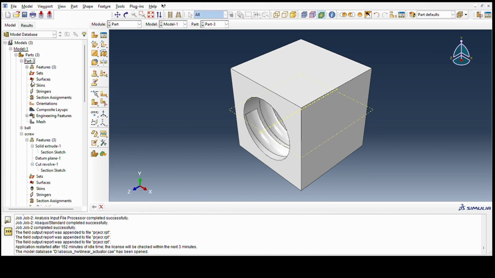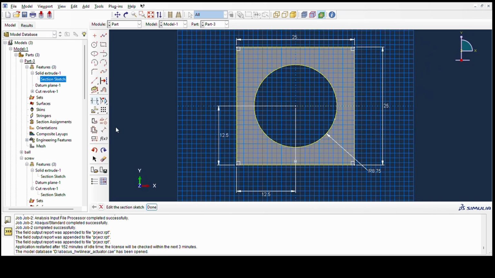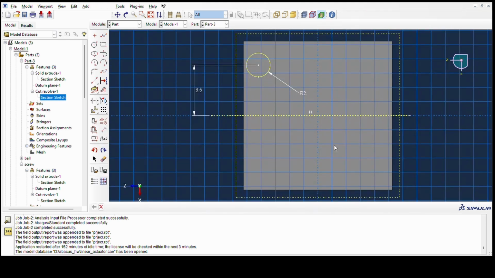First I made a solid extrude of this, and then I made a revolve cut of the same pitch but with a slightly bigger radius for the circle, so that it gives a little bit of tolerance for the ball to slide.